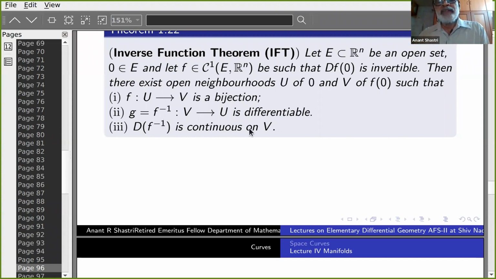All this happens because the determinant function, defined on the open set of all invertible matrices, is a smooth function. And it is not 0 there, so its inverse is also a smooth function. Whenever a real valued function is not 0 and smooth, 1 divided by that is also smooth. That is all that is involved here.